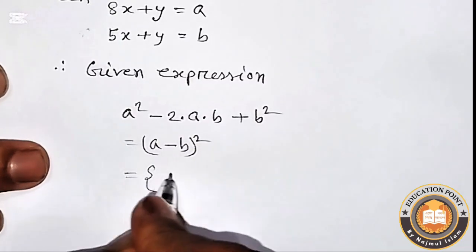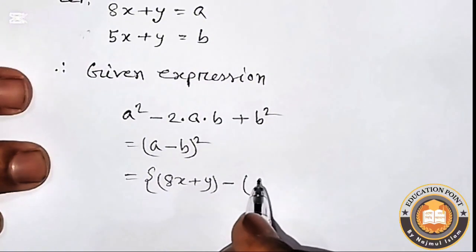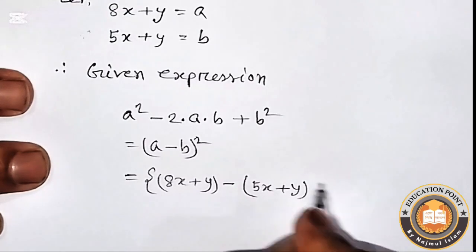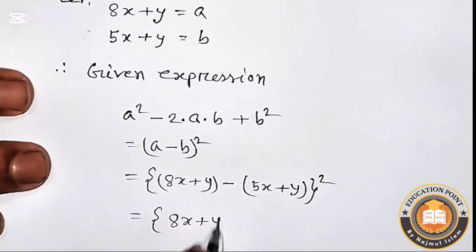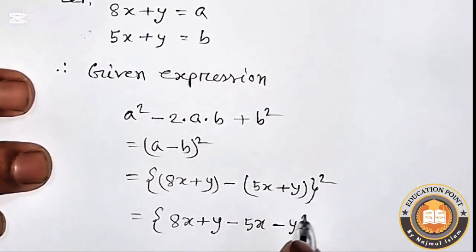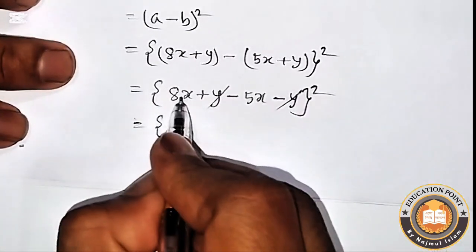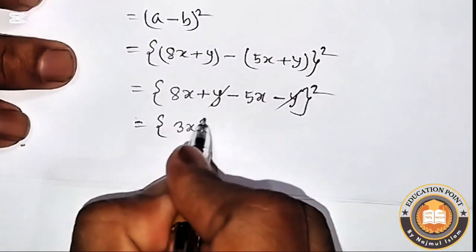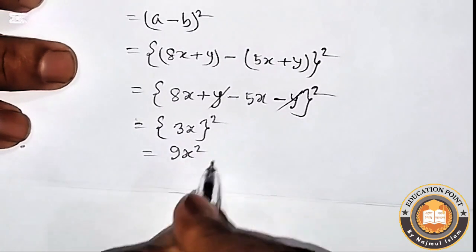Value of A is 8x plus y minus value of B. Value of B is 5x plus y, then whole square. 8x plus y minus 5x, minus minus plus y, then whole square. Plus y minus y equals 0. Subtracted value of 8x minus 5x equal 3x whole square. Square value of 3 is 9 x square.